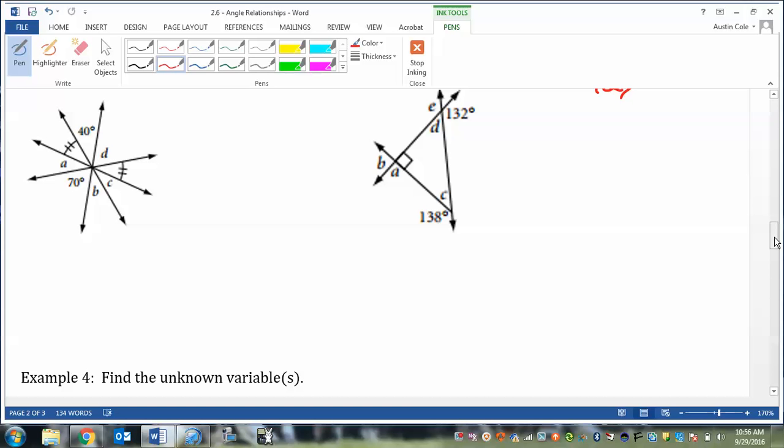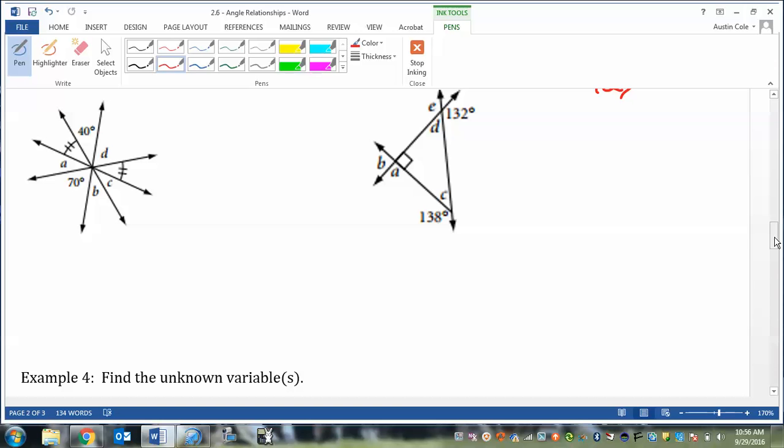B is obviously 43, so it's parallel to the other one. D is 70. So 140 plus 80, 220. 220 minus 360 is 140. Okay, so with angles C and A, we have to split that up into 140 degrees.